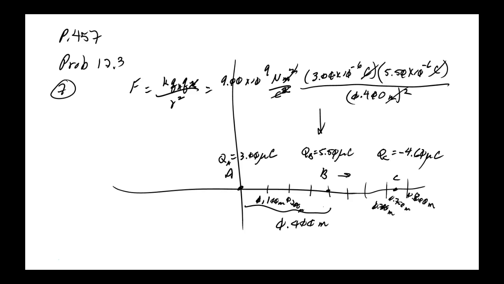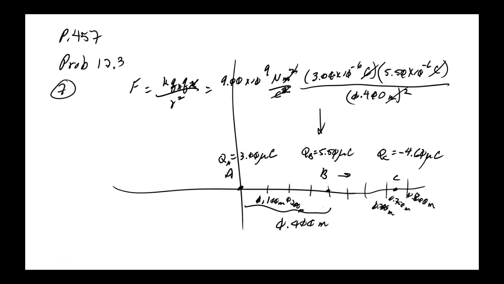Q1 is the 2. Oh, now he's not doing this. He's actually doing on page 457, he's actually doing on the 7. See, that's Q1. That's Q2. So would this be Q1? Yes. And that's Q2? Yes. Okay. And that's the same.